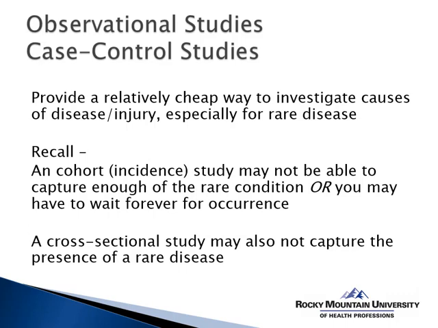In a cohort study or an incidence study, you may not be able to capture enough of that rare condition, or you may have to wait forever for an occurrence to happen. And a cross-sectional study isn't a great way to see about different potential causes of a rare disease, because you may not be able to capture the presence of that rare disease when you collect your data at that point in time.